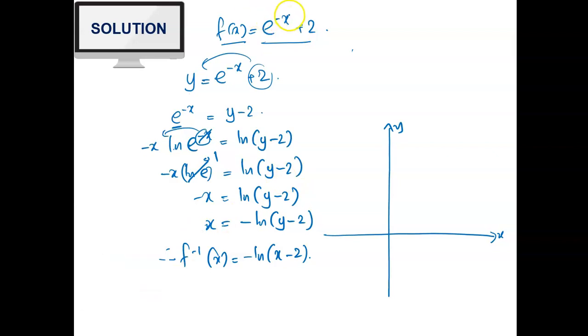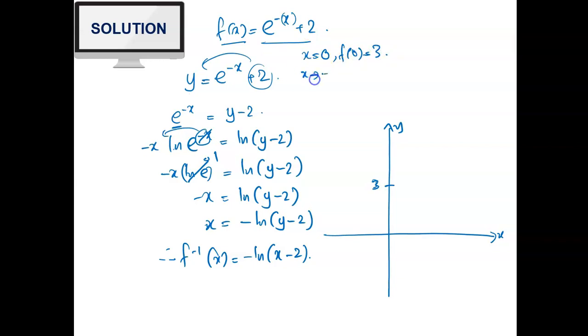When x equal to 0, e power of negative 0 equal to e power of 0 equal to 1. 1 plus 2 equal to 3. Okay. When x equal to 0, then f(0) equal to 3.